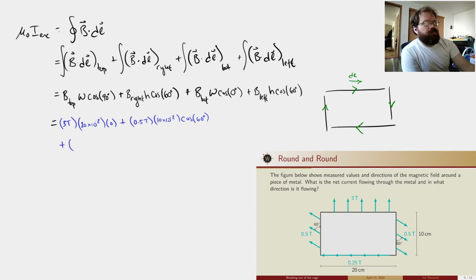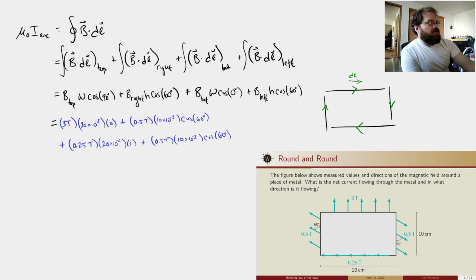On the bottom, we have 0.25 Tesla times our width again, so that's 20 times 10 to the negative 2. And down here, we have cosine of 0, which is just 1. And then finally, on our last side, we again had 0.5 Tesla. Our height is 10 centimeters, and our angle again was cosine of 60.